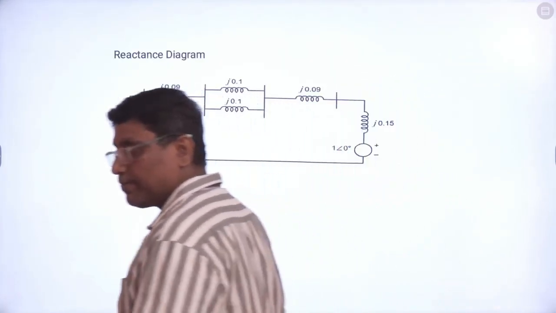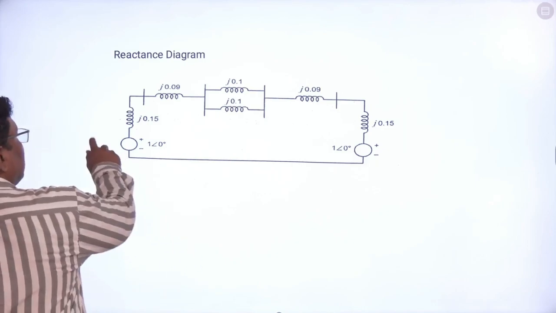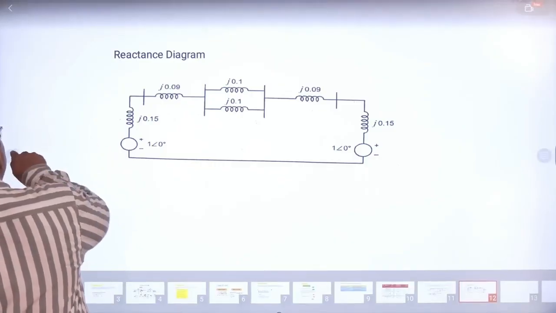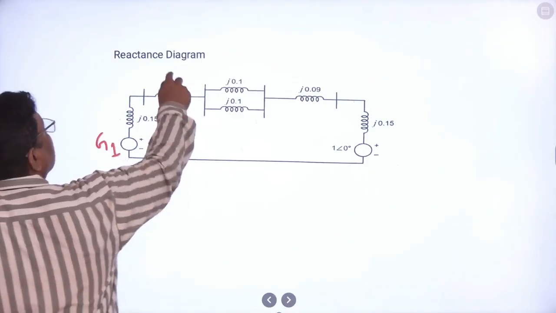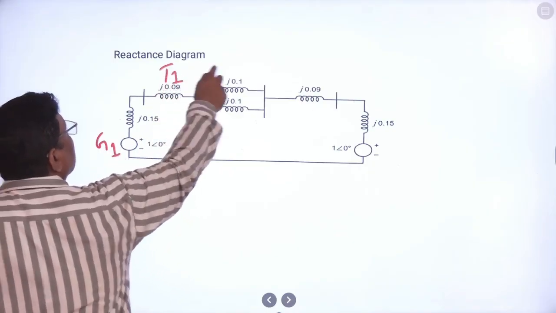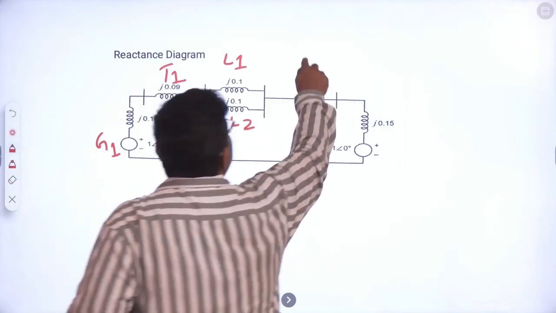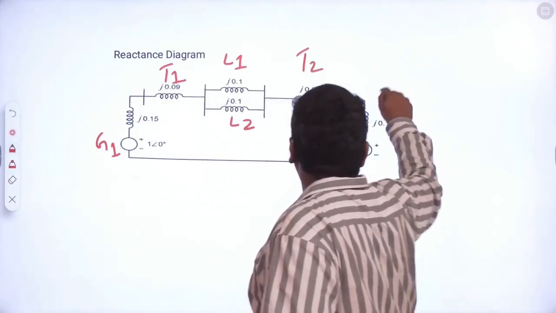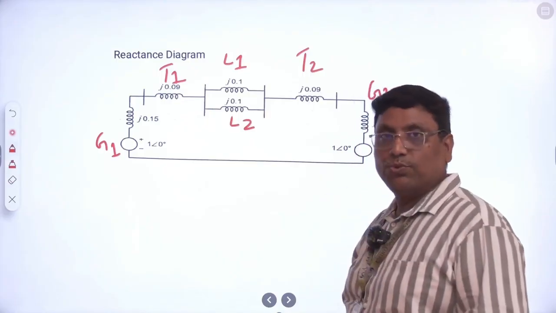So this is the reactance diagram for the given problem. Here, this is generator 1, transformer T1, this is L1 and L2, and this is transformer T2, this is generator G2.